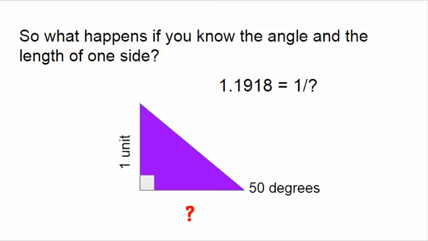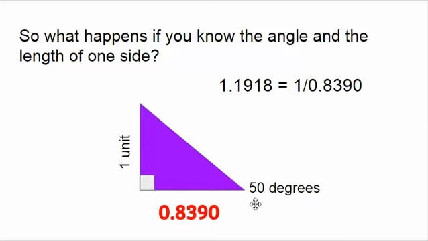We know the length of the opposite side, but we don't know the length of the adjacent side. So we crunch the numbers on that, and the tangent of 50 degrees happens to be 1.1918. We know the length of the other side, and then we take a look at this and we say, okay, does my answer make any sense? Well, yes, it does, except the drawing seems to be a little off.